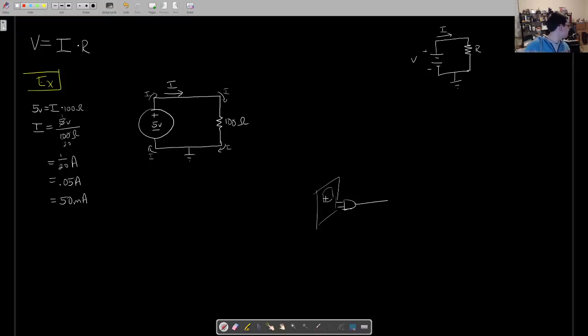Did I draw that correctly? Nope. Drew sideways. Plug a lamp in the wall, and you have a light bulb.